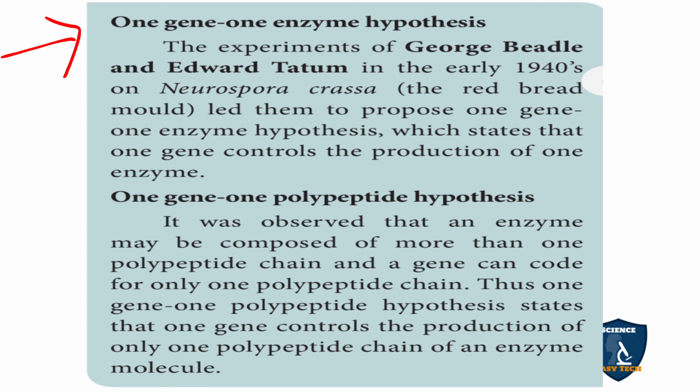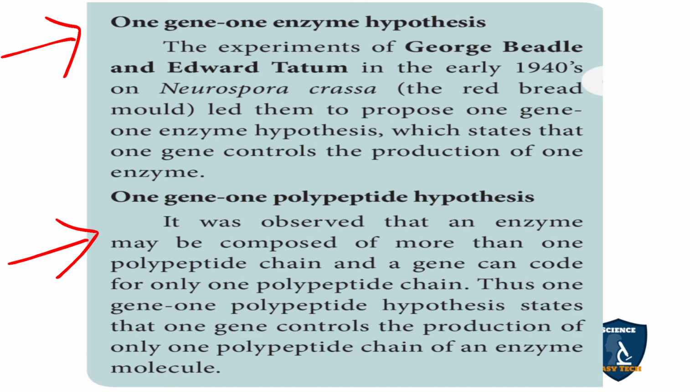But after them, the work was done again. In an enzyme, so many polypeptide chains are there. The enzyme is made up of proteins, and proteins are made up of peptide bonds. So many peptide bonds make a polypeptide chain. So one gene can produce one enzyme, and they changed the topic to the one gene, one polypeptide hypothesis.